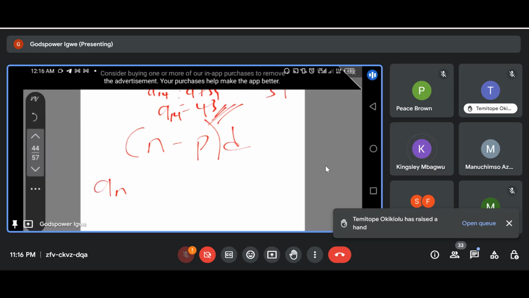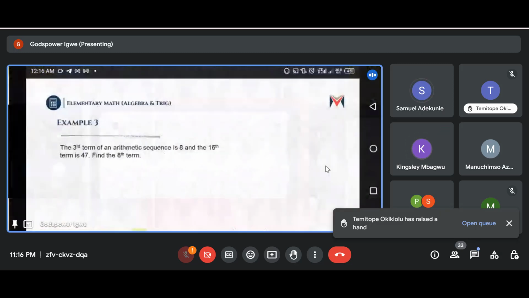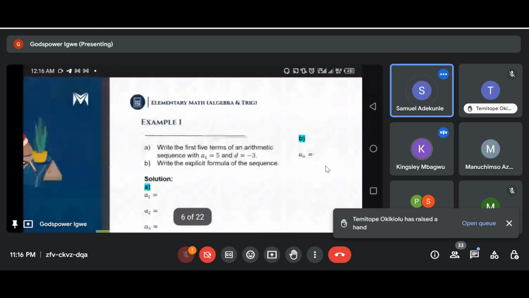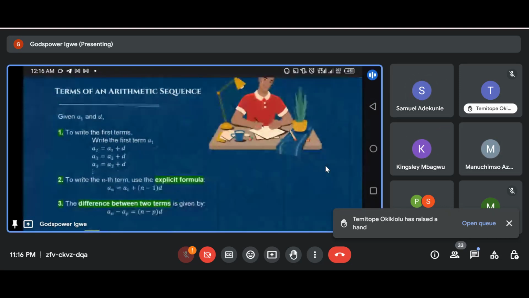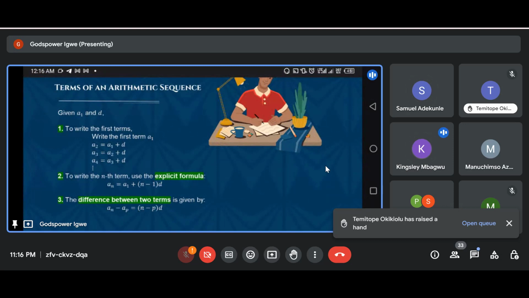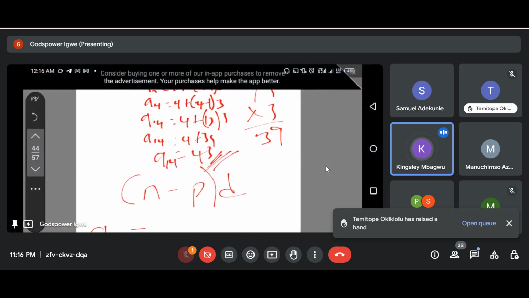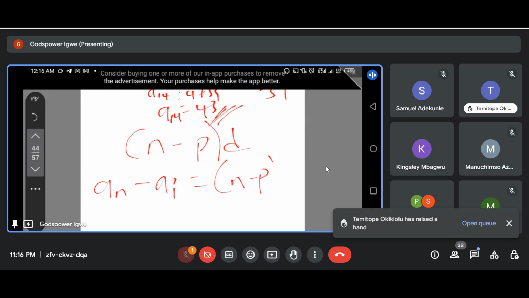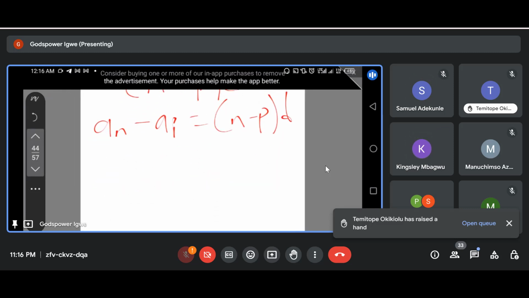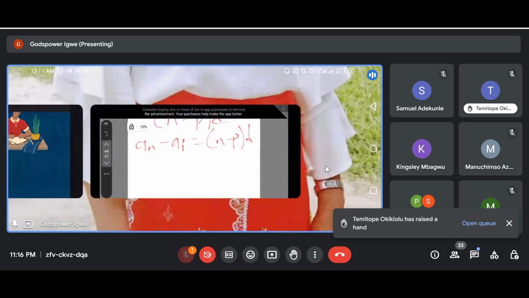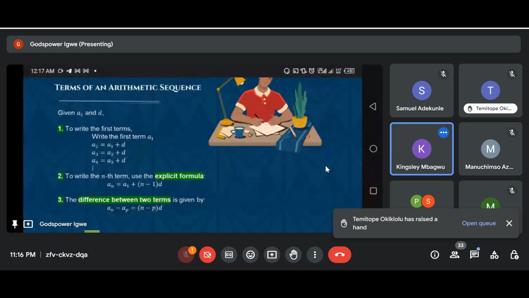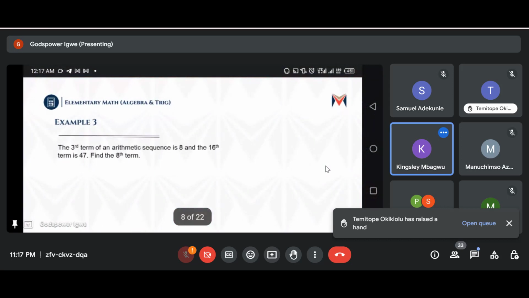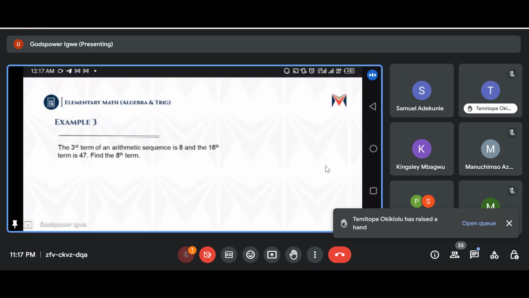A n minus a p is equal to n minus p times d. So what is our a n? Remember they say we should look for the eighth term.